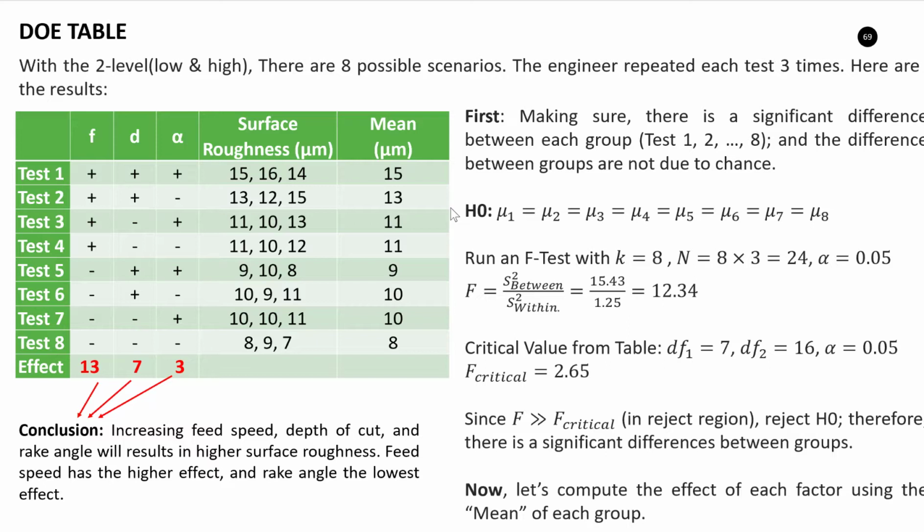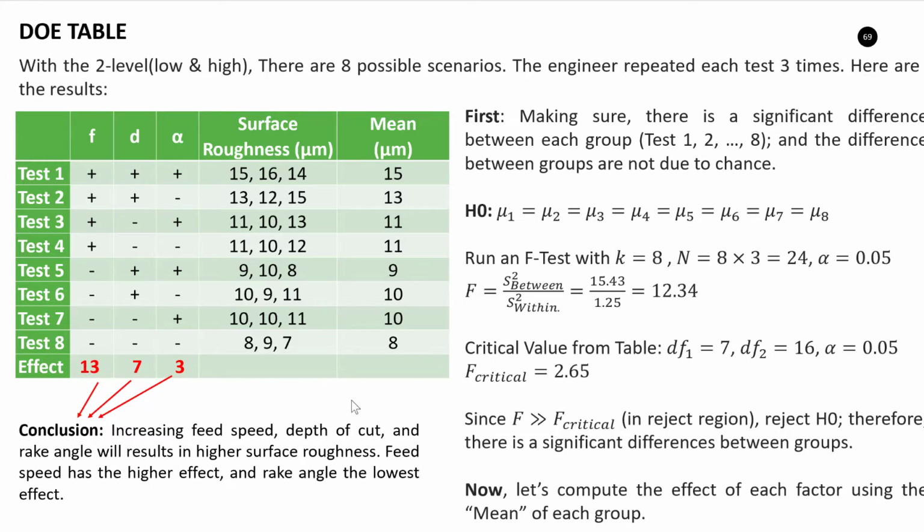DOE doesn't care what your output is. It tells you how you should move or change each parameter to get to the higher number. So looking at these values, if I want a better surface roughness, I should decrease these numbers, okay?